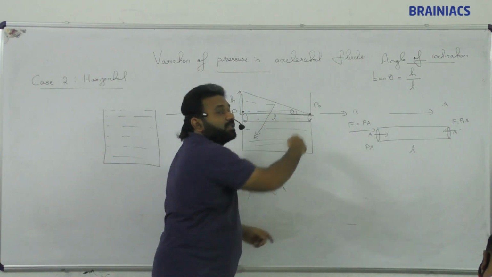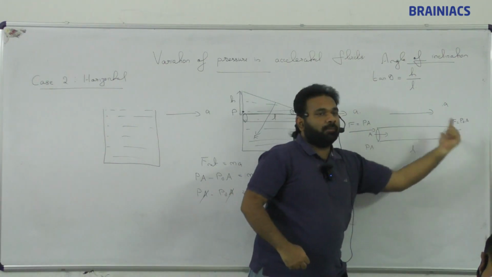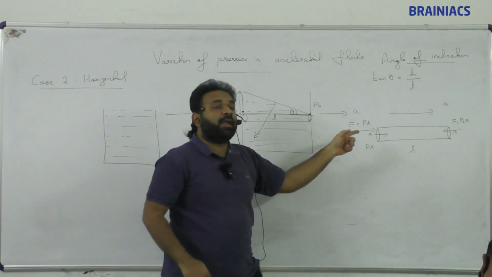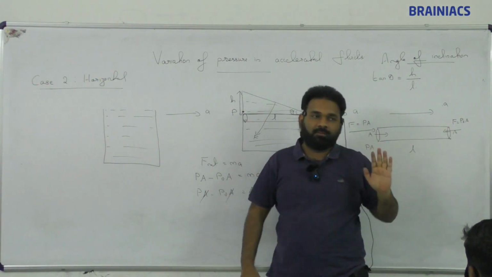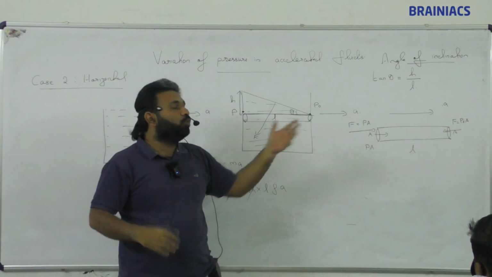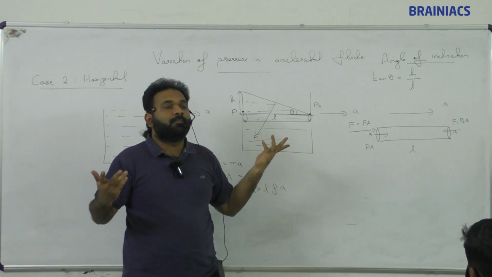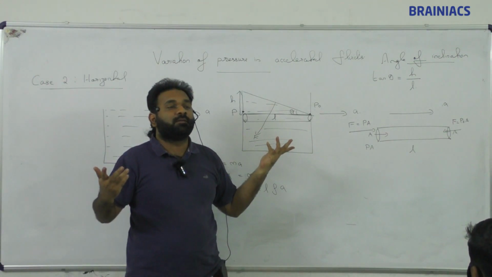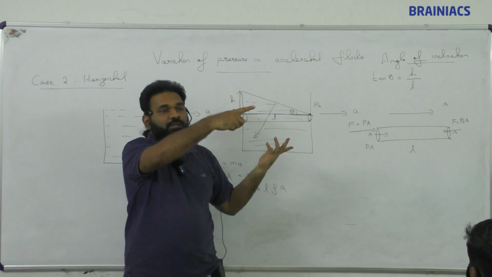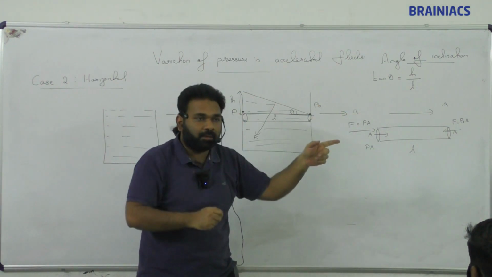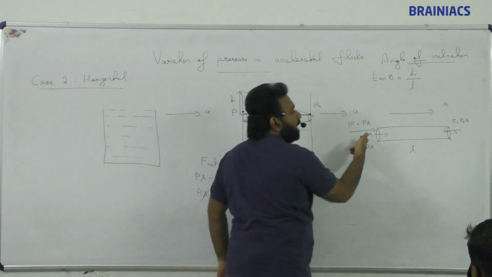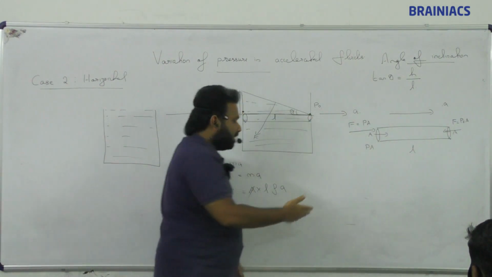This pressure is P naught into A. P into A is force from this side, P naught into A is force from this side. So this is moving in which direction? Acceleration in which direction? On that direction, force towards that direction should be more, no? Then only it will move, right? So PA minus P naught A is equal to what?